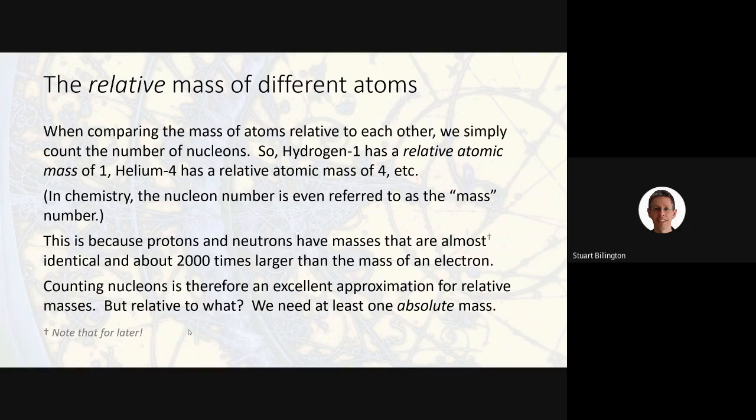CERN are investigating all kinds of clever ideas involving words like Higgs boson and things like that. We will come back to the question of what is mass. But for now, we're going to take a much more pragmatic understanding of it. It's the figure that comes up when you put stuff on a top-pan balance: how much stuff something is made of. And we'll come back to a better definition later.